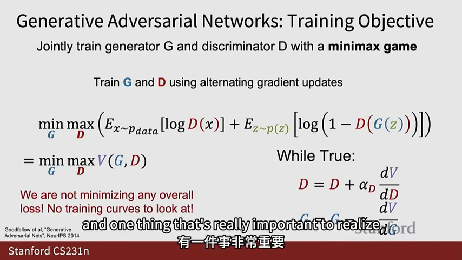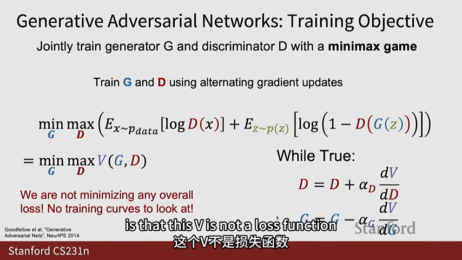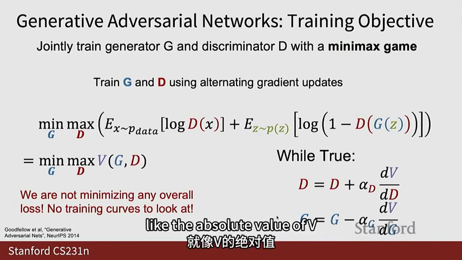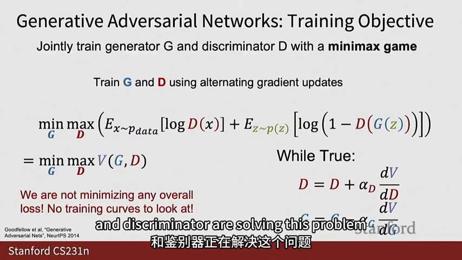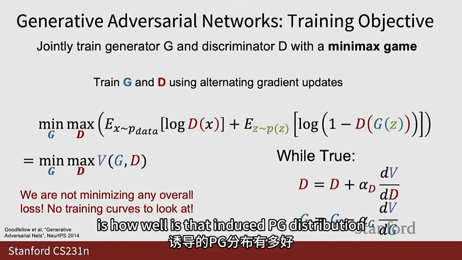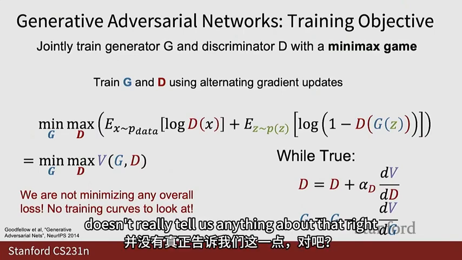One thing that's really important to realize when we're training generative adversarial networks is that this V is not a loss function. The absolute value of V does not tell us anything about how well the generator and discriminator are solving this problem, or really, the thing we care about, how well the induced PG distribution is matching the data distribution.